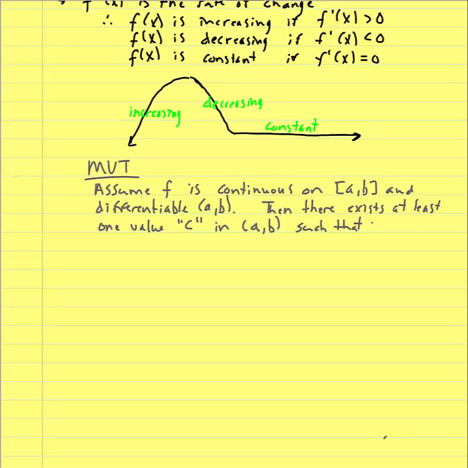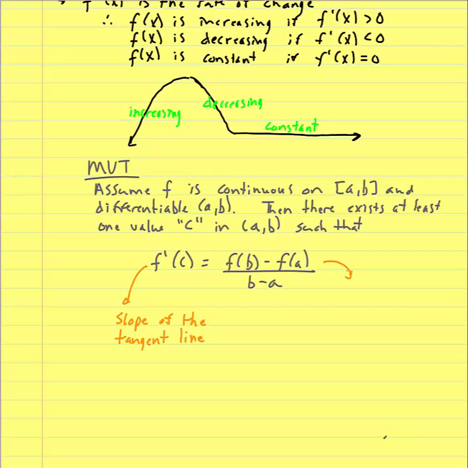Now the way we're going to write this out is f prime at c equals f of b minus f of a all over b minus a. And so to clarify this, this is the slope of the tangent line. And this expression on this side is the slope of the secant line.